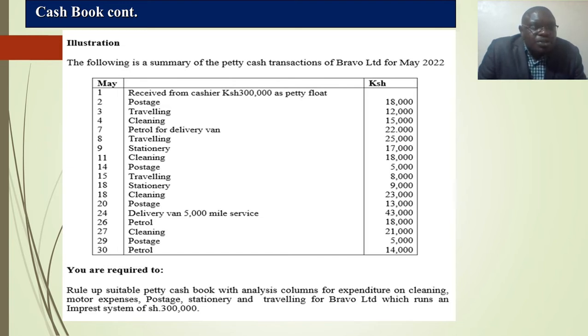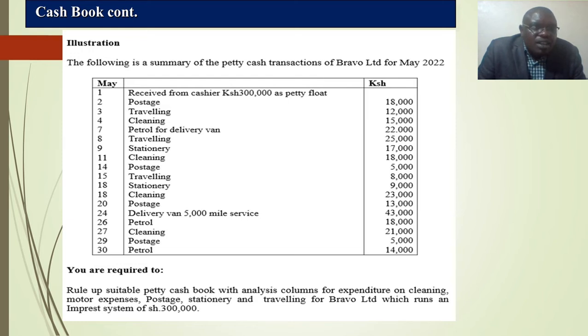Then on the 2nd, postage 18,000. On the 3rd, traveling 12,000. On the 4th, cleaning 15,000. On the 7th, petrol and delivery van 22,000. On the 8th, traveling 25,000. On the 9th, stationery 17,000.